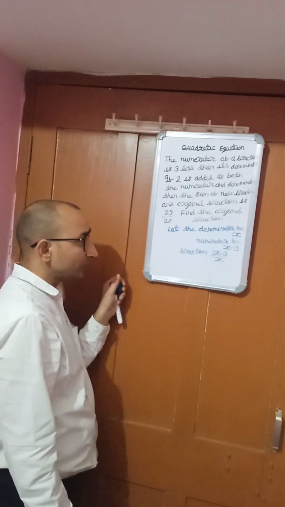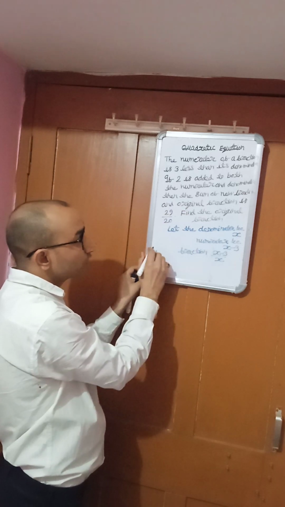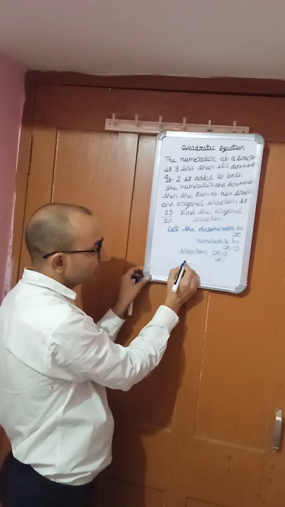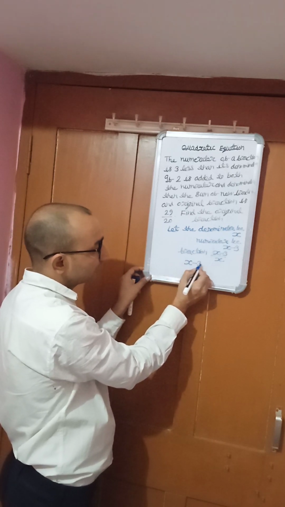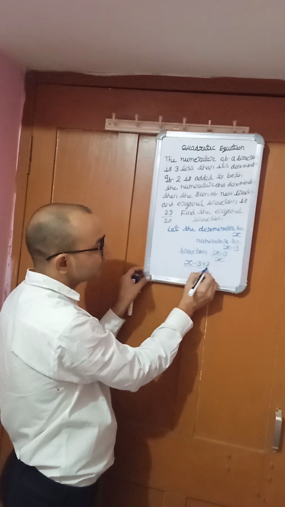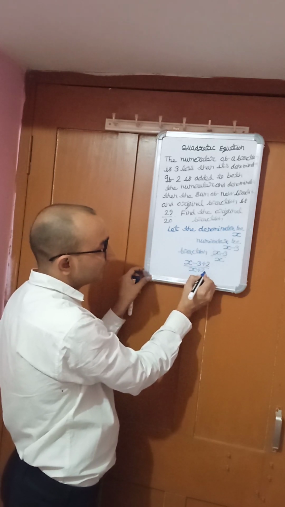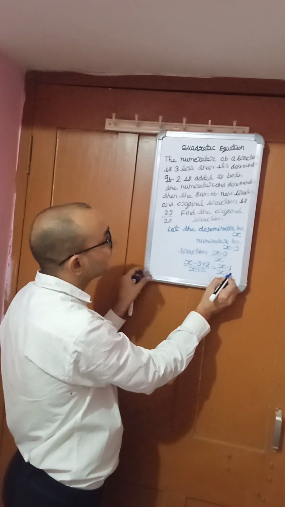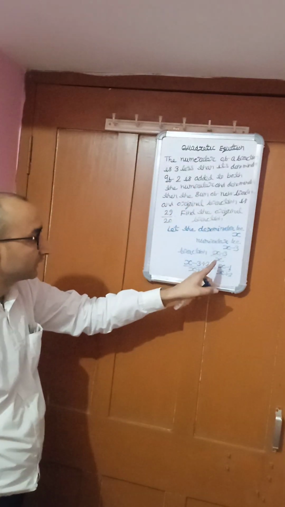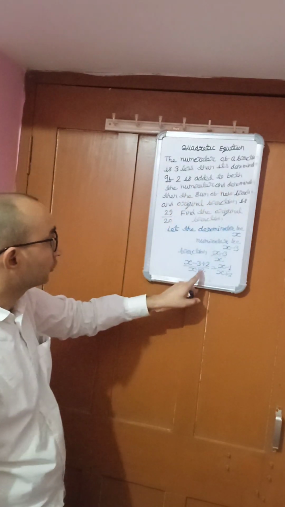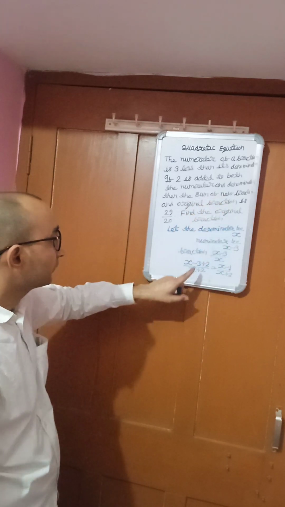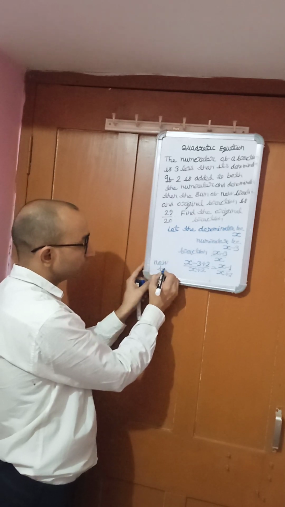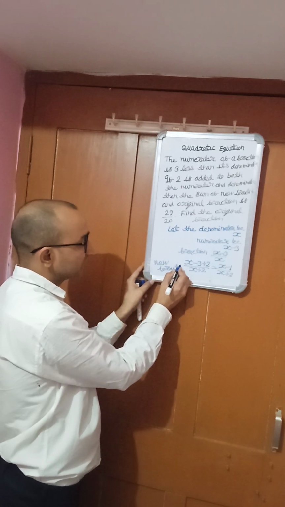If 2 is added to both the numerator and the denominator, we get x minus 3 plus 2, which is x minus 1, and x plus 2. This is our new fraction.